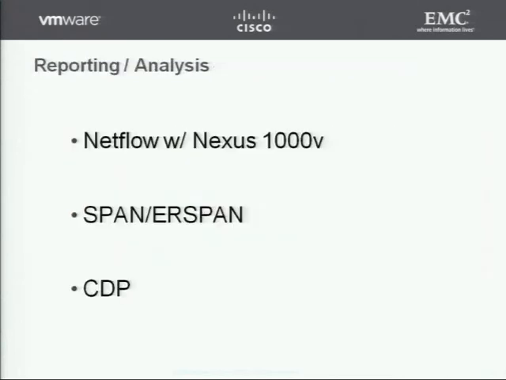If you look at reporting and analysis, you've got several really cool features. NetFlow is a big one. You can actually send NetFlows up from the 1000V and examine flow traffic, something you can't do as easily without spanning ports. On the previous switches, you also have SPAN and ERSPAN so you can remotely monitor traffic. And with 1000V, if I've got a VM on one host and I'm mirroring a port into a sensor, and I vMotion that VM to another host, what happens?